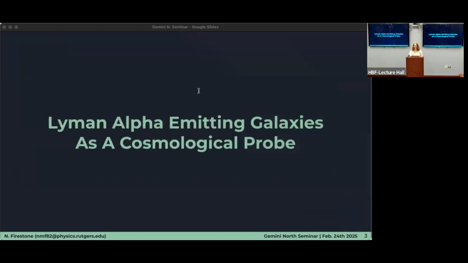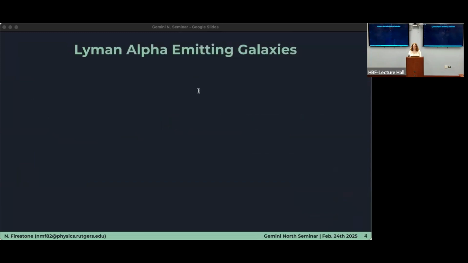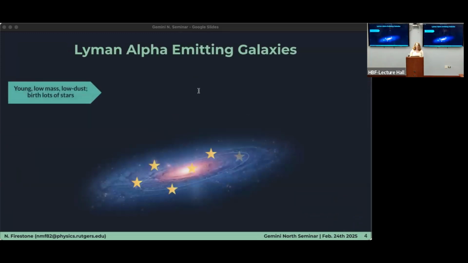All right, so let's start with Lyman alpha emitting galaxies as a cosmological probe. So we typically think of LAEs as young, low-mass galaxies with low line-of-sight dust content and a lot of star formation.